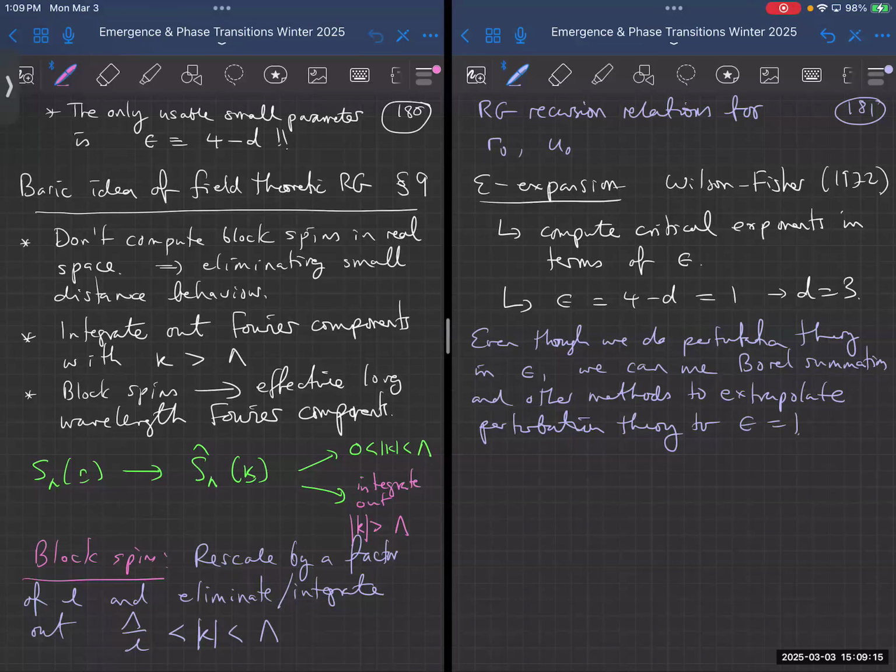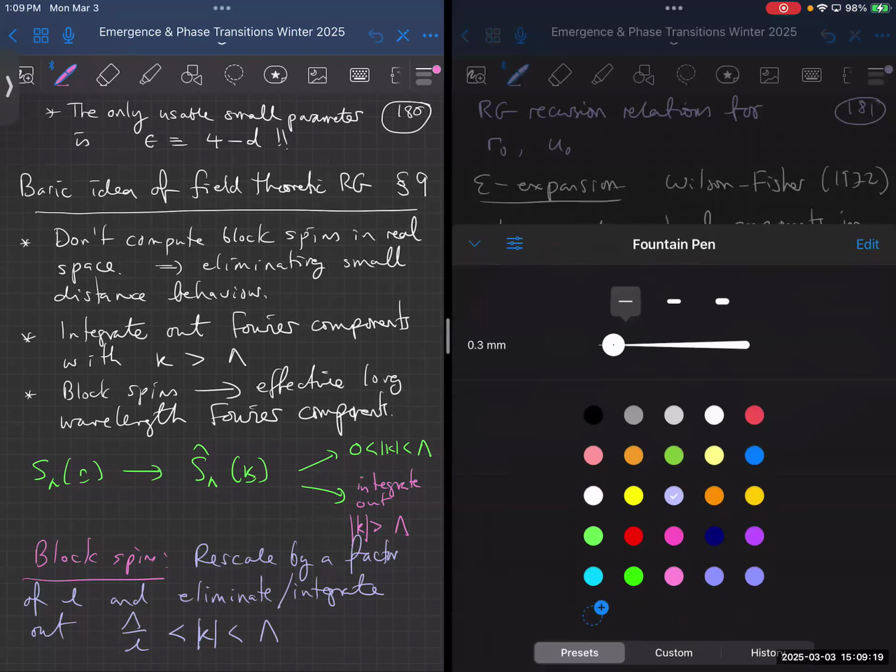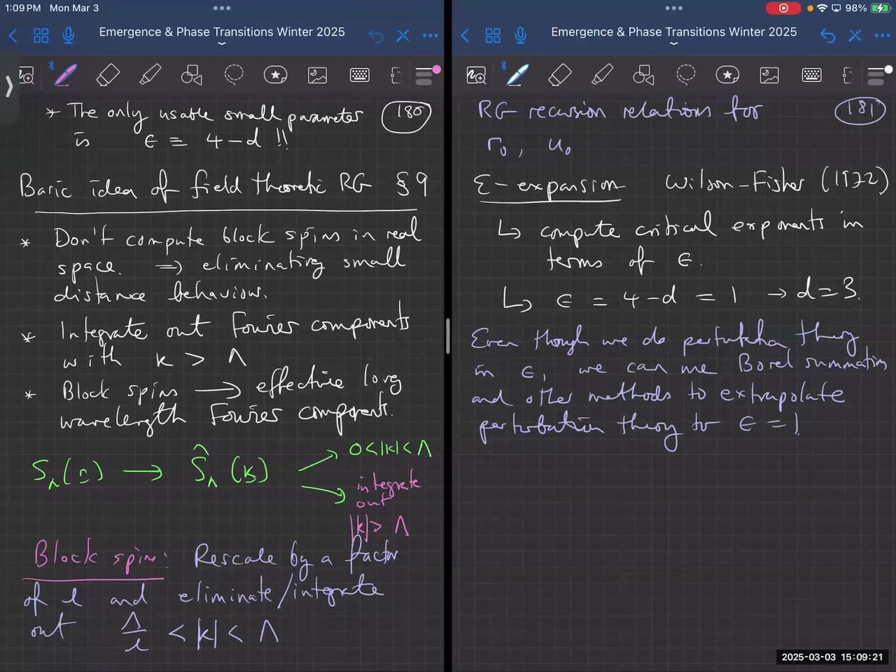Okay, so what we're going to end up with is a power series in epsilon, and then what we know is, well, for d greater than 4, we know that the Gaussian theory should work fine.